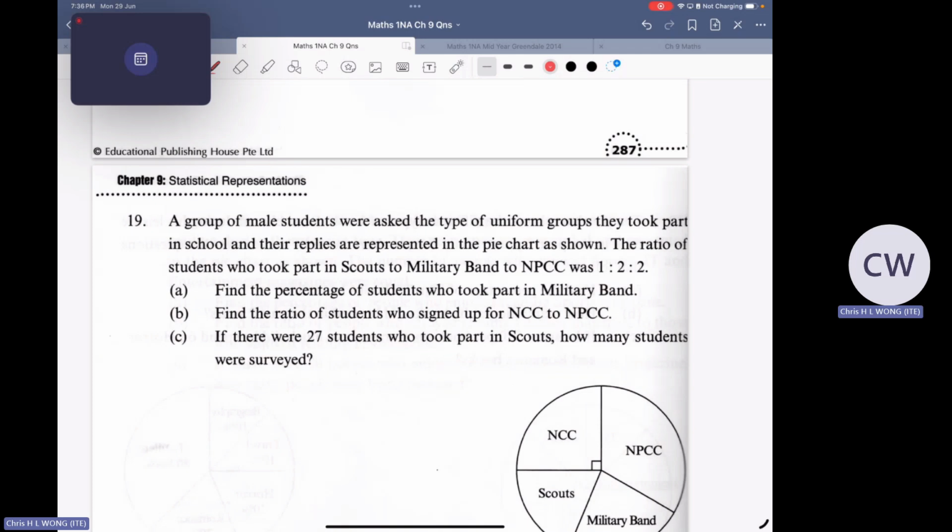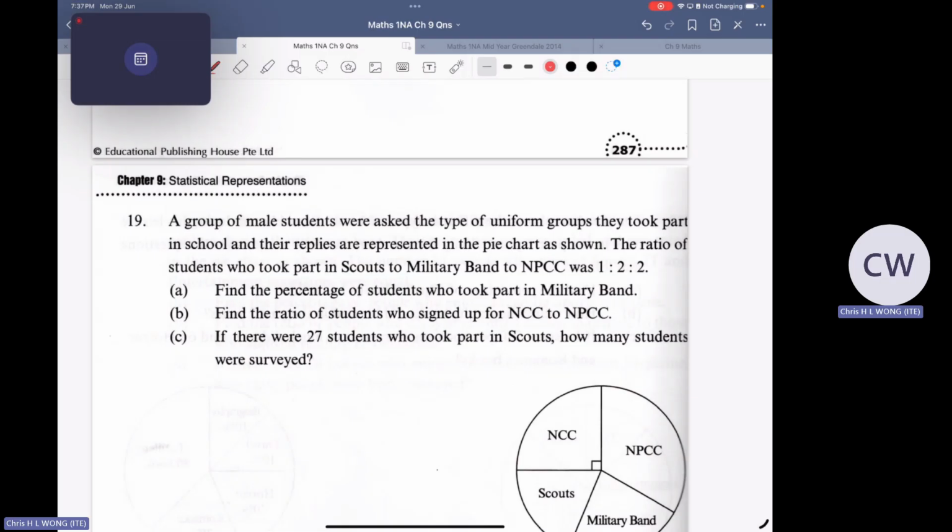This is chapter 9 question. Somebody forward chapter 9, please. Anybody chapter 9? Okay, I have.